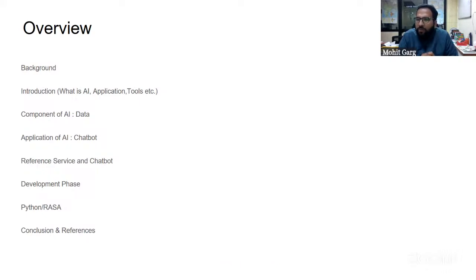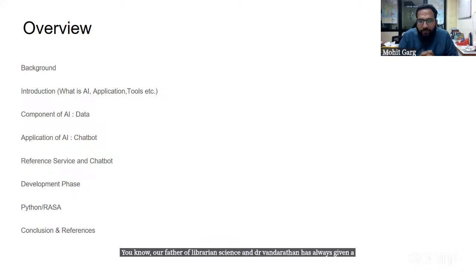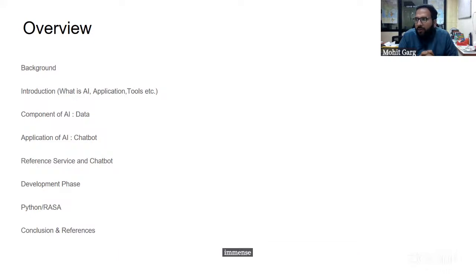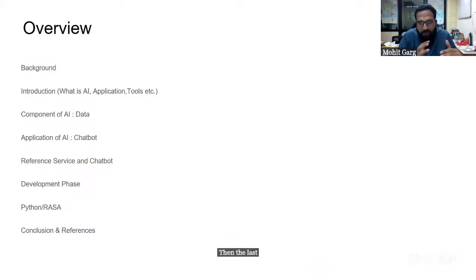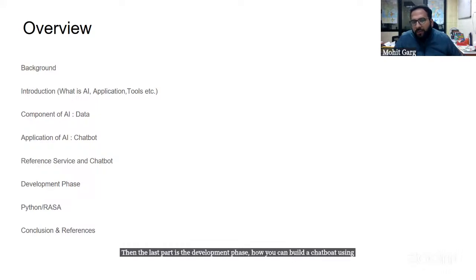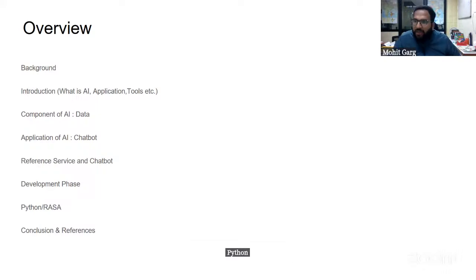because our father of library and information science, Dr. S. R. Ranganathan, always gave immense effort to the point that we need to provide effective reference services. Then the last part is the development phase: how you can build a chatbot using the Python language, basically the Rasa framework.